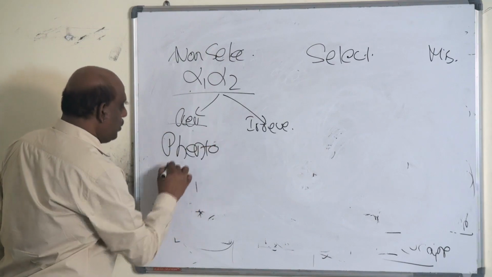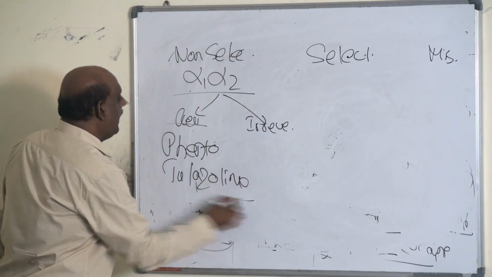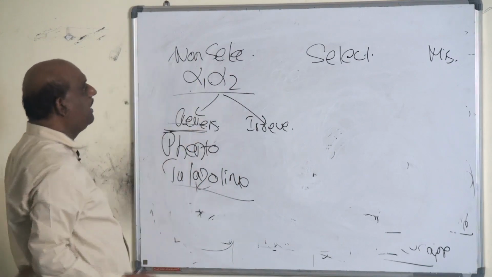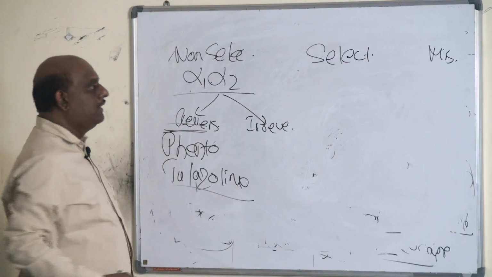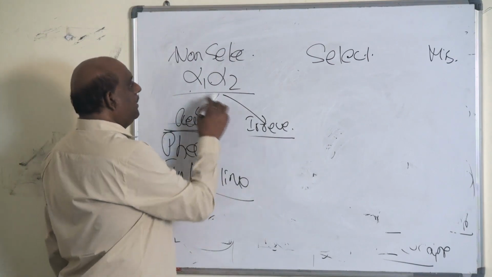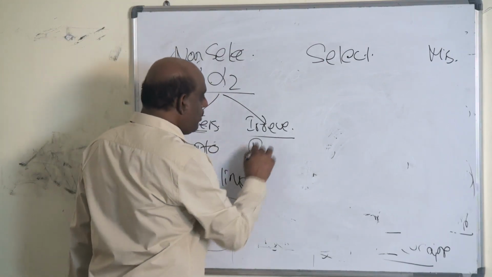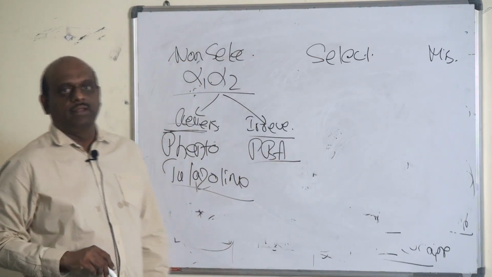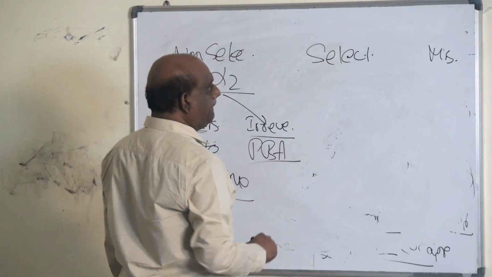Phentolamine, tolazoline are the reversible alpha 1, alpha 2 non-selective alpha blockers. Then which is irreversible, both alpha 1 alpha 2 non-selective blocker? Phenoxybenzamine is a non-selective alpha 1 alpha 2 irreversible blocker.